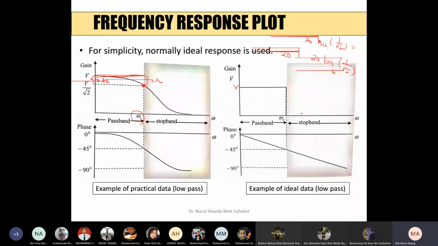So this is the ideal low pass filter. In terms of phase, it is a straight line like this. At omega c it is actually minus 45 degrees. Okay. This is the ideal frequency response of a low pass filter.